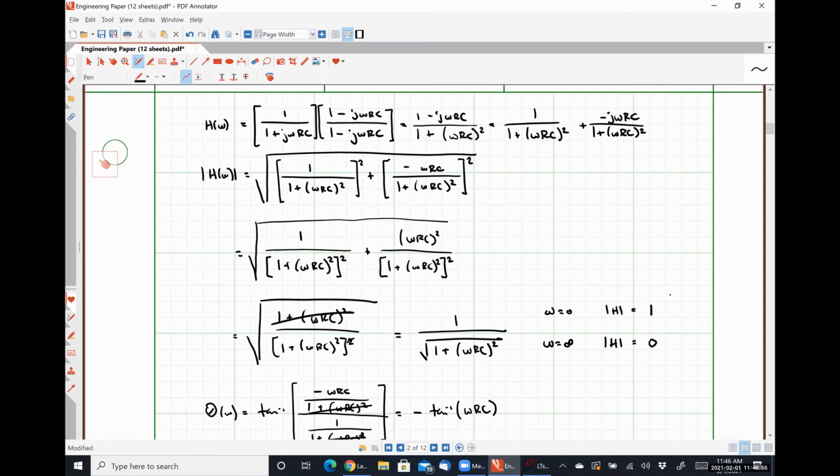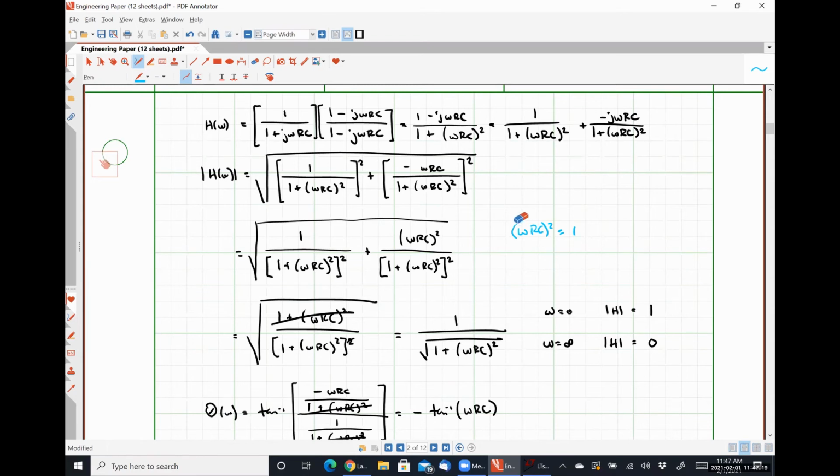Well, if we know that omega RC squared is equal to 1, we can take the square root of both sides, right?